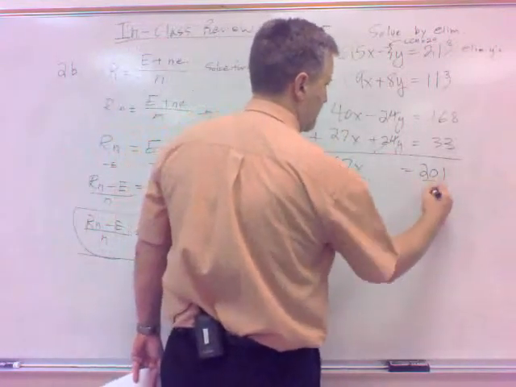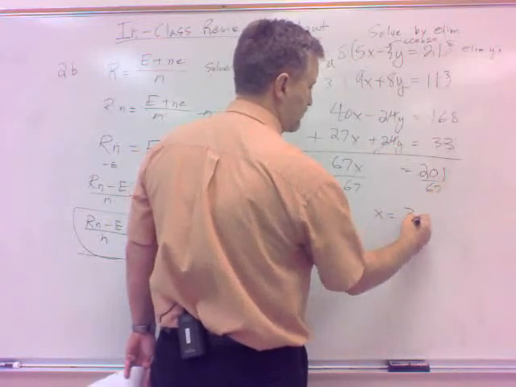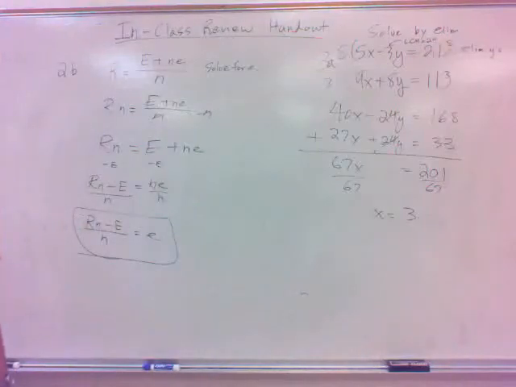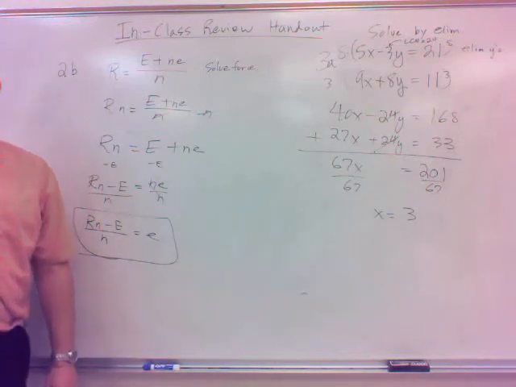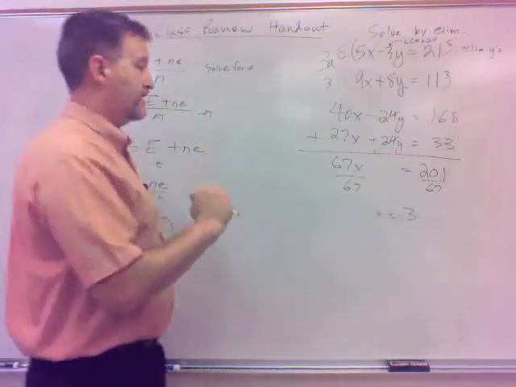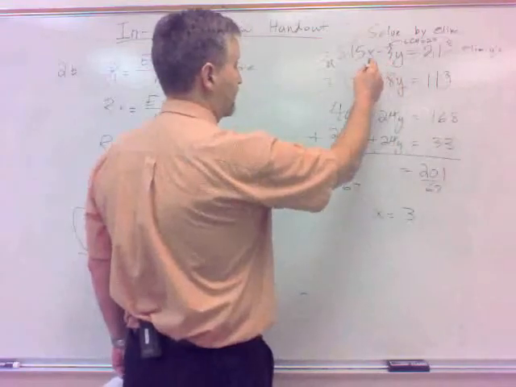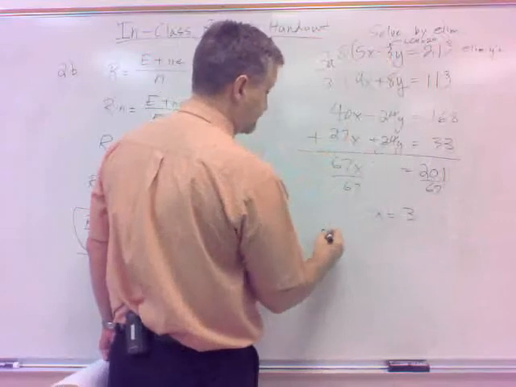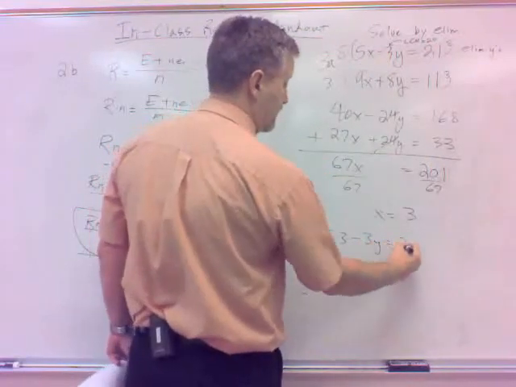Yeah, so then we've got x, don't we? Divide by 67. Isn't that 3? But are we done? We're not quite done here because on a system you need an x and you need a y. There's two parts to the answer. How do we get the y? Plug it in. Yeah, plug in x to be 3, either one. So I'm going to go with 5 times 3 minus 3y equals 21.